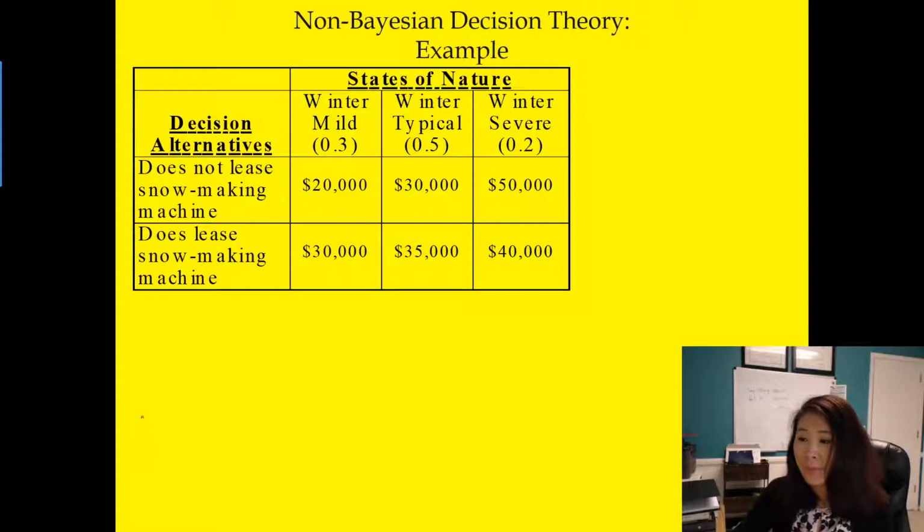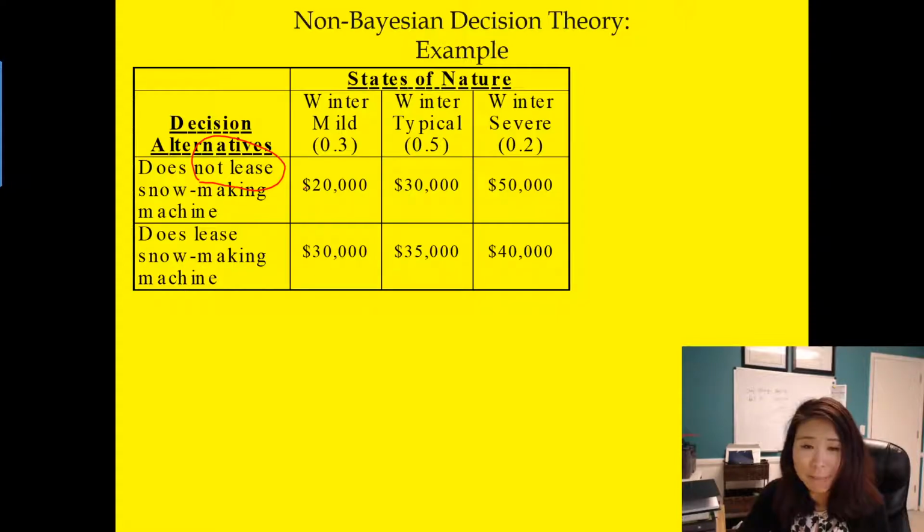We have two options, not leasing and leasing, right here. So how does the regret come about? Let's see if the winter is mild, and you make the decision to choose not leasing. For sure, will you feel regret? The answer is, of course, because if you lease, you actually make 30,000.